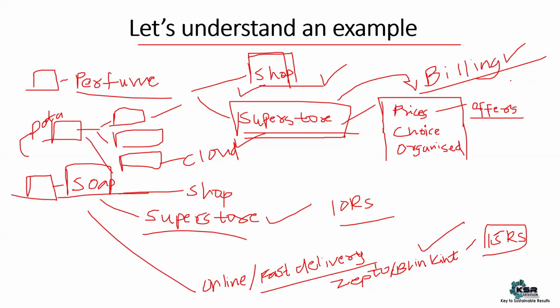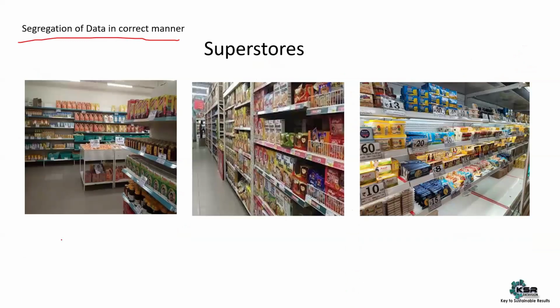Good. Let's take the same example, segregation of data in a correct manner. Because if the data is not correctly segregated, it would be very difficult. So superstores are one of the best examples. You visit any specific superstore. If you're trying to purchase a product, you can directly go to that specific rack.